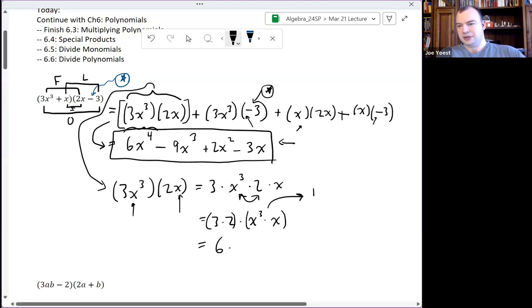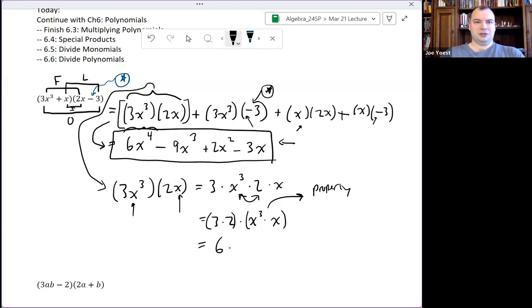And we had a property that if we have two factors multiplied together with the same base, we add the powers. So if we have a to the power b times a to the power c, that's a to the power b plus c.